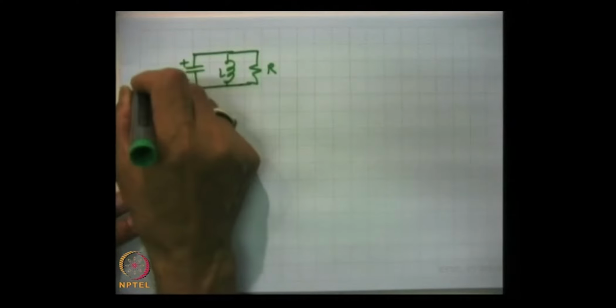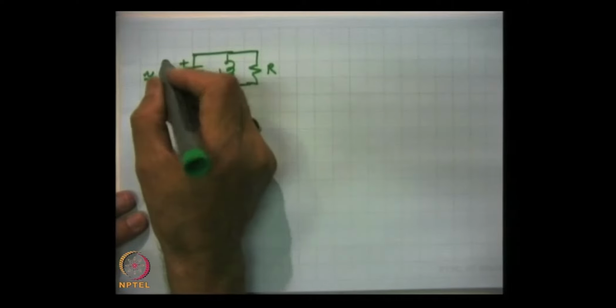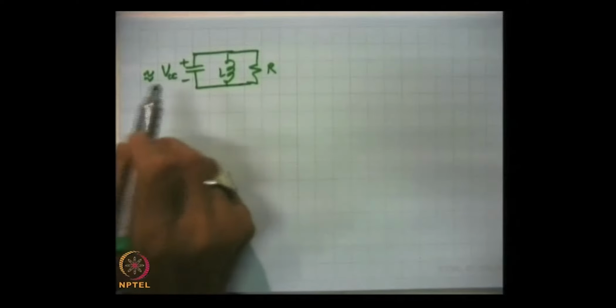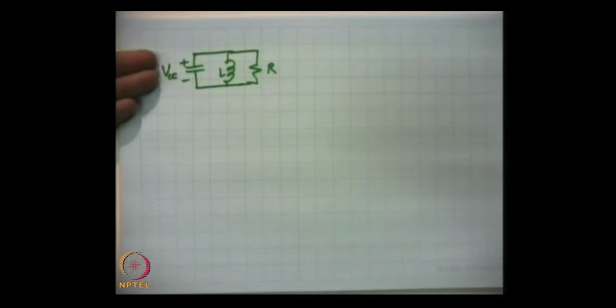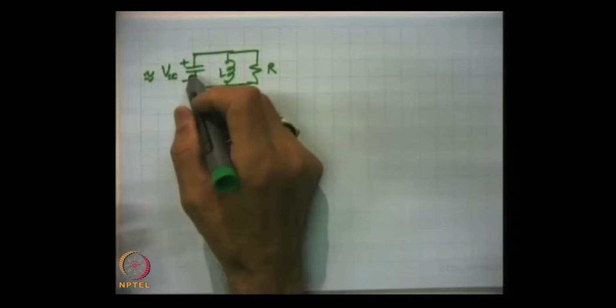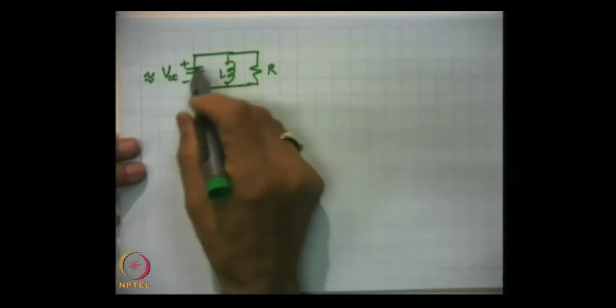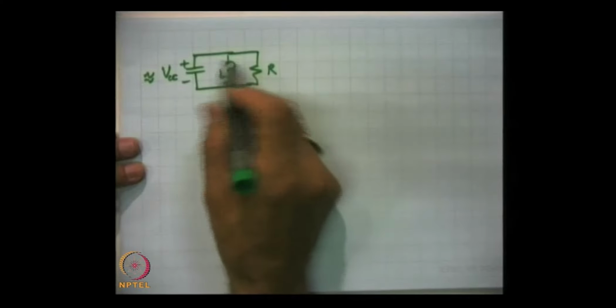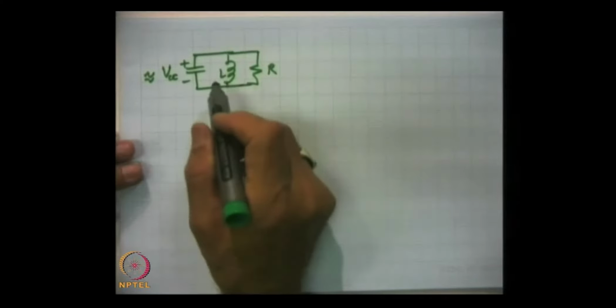This is charged to slightly less than VCC, because there will be some dissipation in this resistance which we have shown, and so this will be close to VCC. If this is 50 volts, this may be initially 48 volts. Now, this capacitor is charged, and this will get discharged through this resistance, and the current will pass through the inductor.